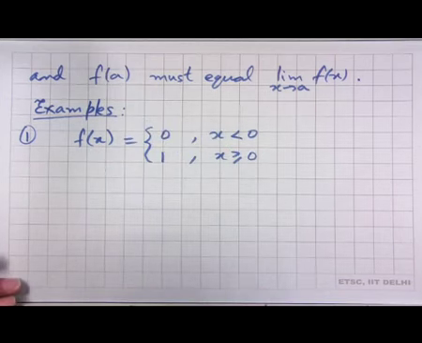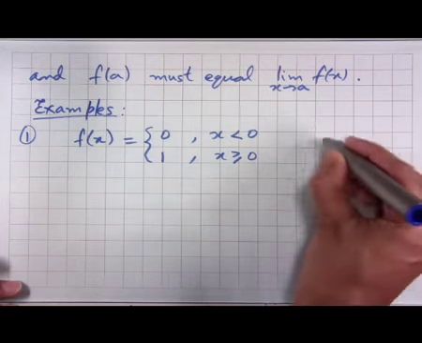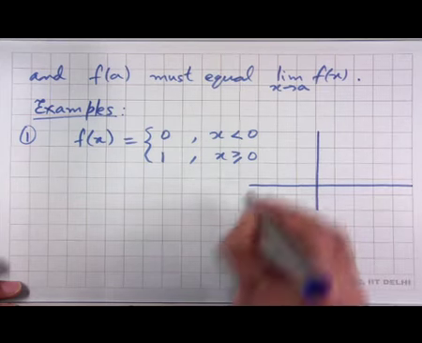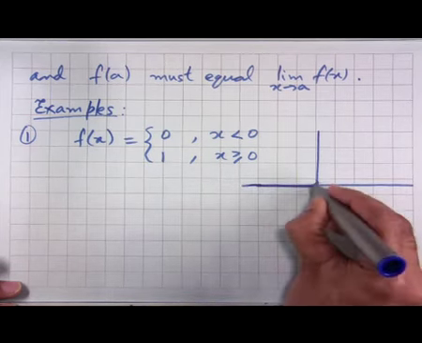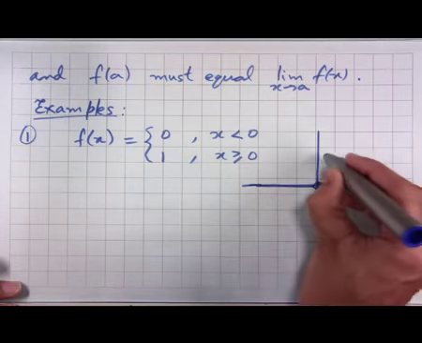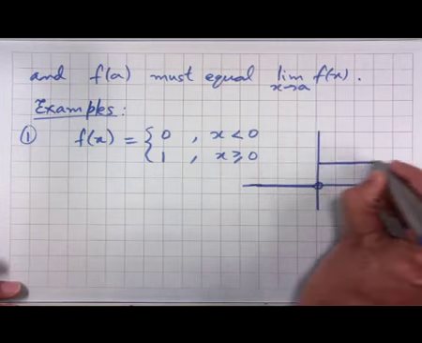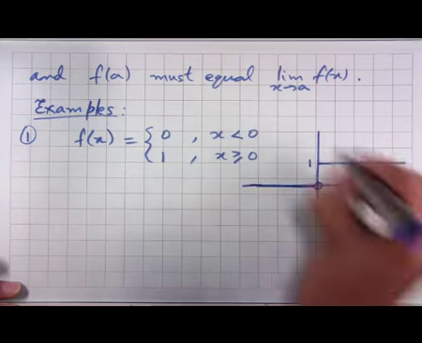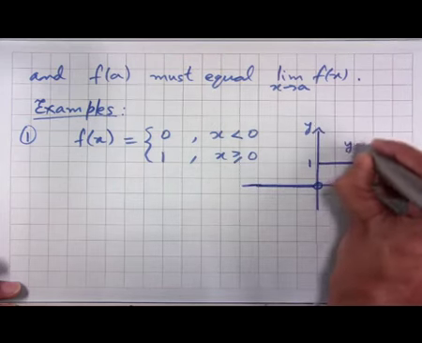So, if you draw the graph of this function, this function is 0 for all x negative, and for x greater than or equal to 0, f of x is equal to 1. So, this is my x, y, and this is the graph of y equal to f of x.